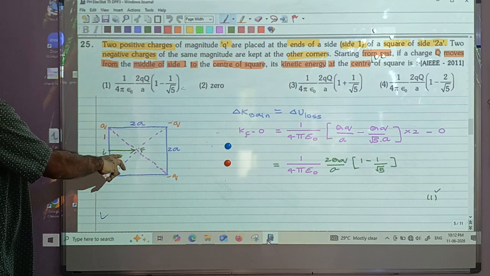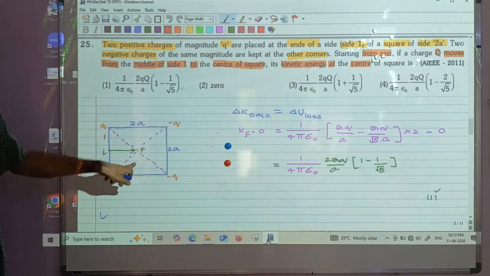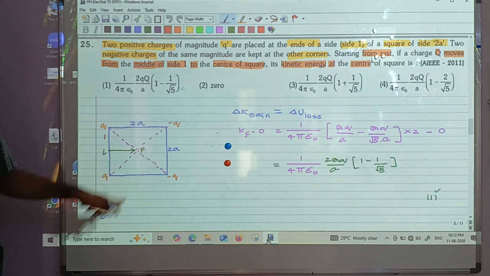Final வந்து 0 வருதுன்னா, plus minus cancel ஆகும்.